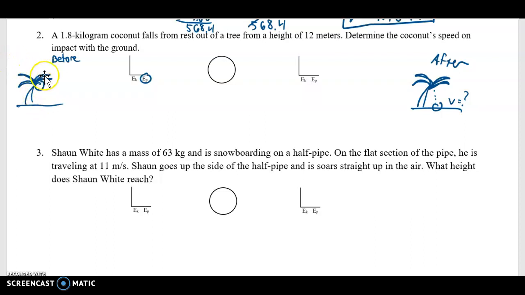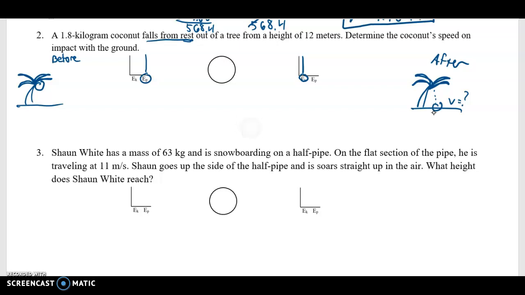But be careful, some people would say it has kinetic energy because it's starting to fall, but remember that this one falls from rest, which means that it has no kinetic energy. All the energy is potential. Then, afterwards, when it's on the ground, here the height is 0. That means that there is no potential energy, but it has speed. And it's all kinetic energy.